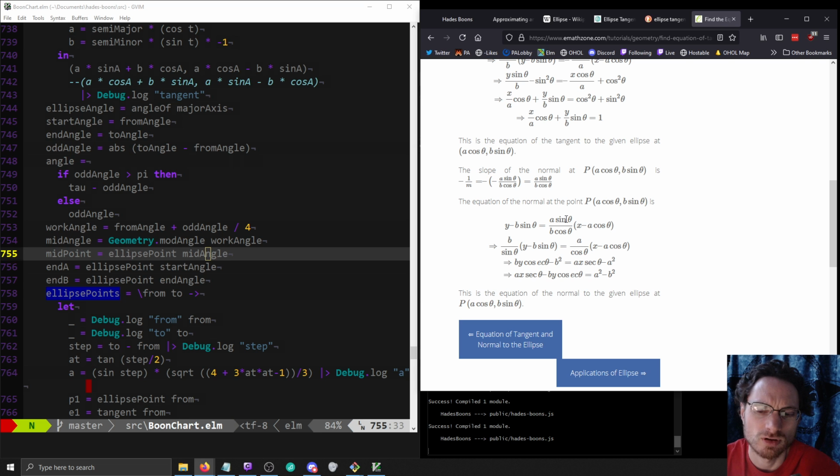The slope of the normal, the equation of the normal. Well, there's your slope. Now that's sort of like a y equals mx plus b-ish.